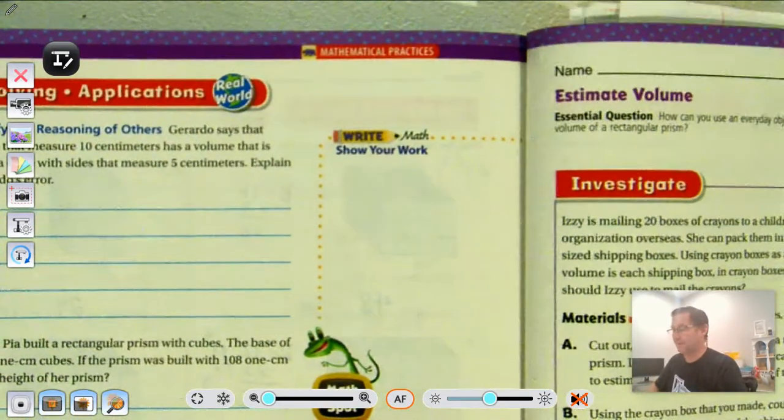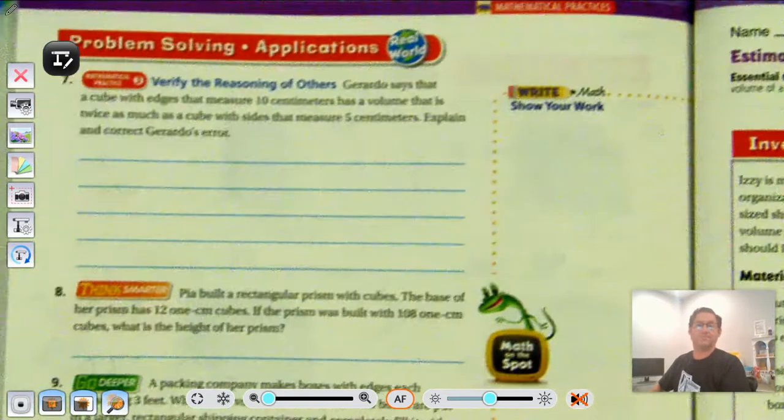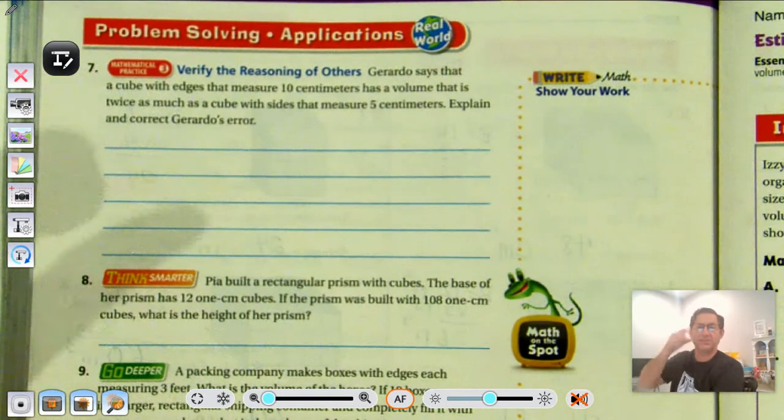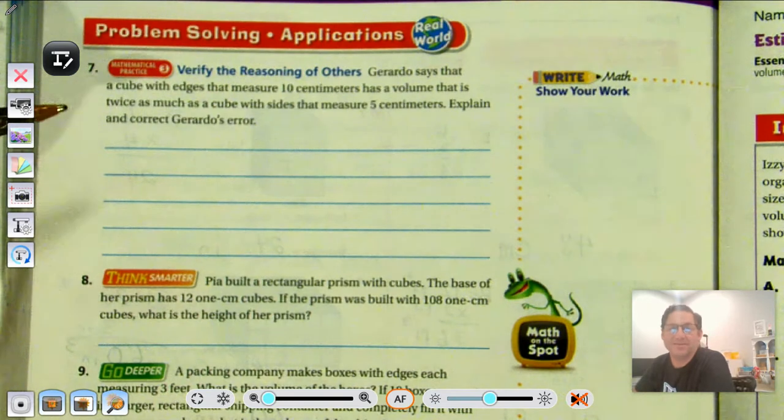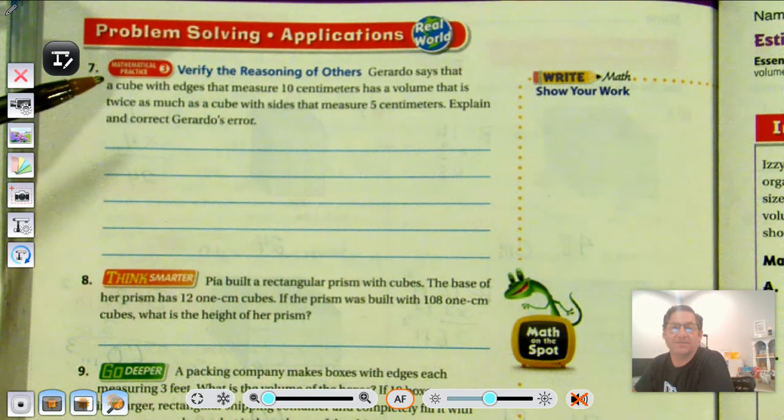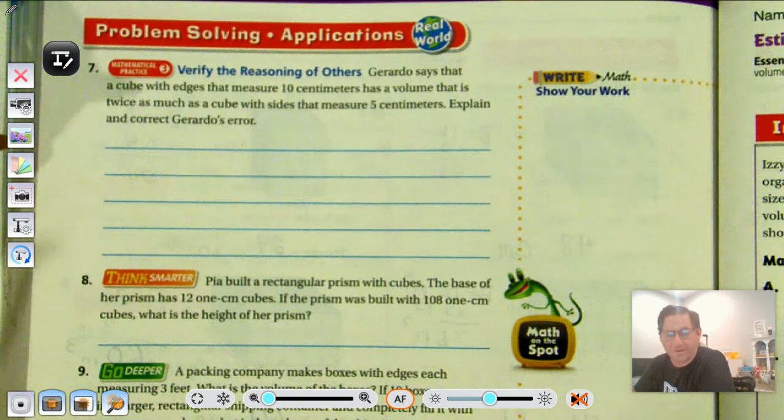All right. Gerardo says that a cube with edges that measure 10 centimeters has a volume that is twice as much as a cube with sides that measure 5 centimeters. Explain and correct Gerardo's error.